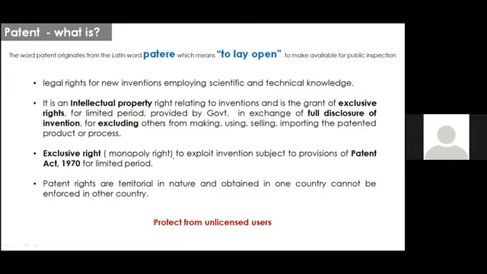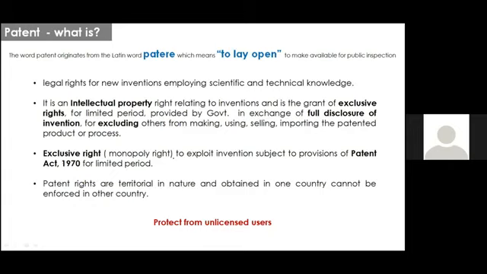So basically what it means is that it gives you a monopoly right, so that you can use your invention for the betterment of mankind, or for industrial purposes. But it has to be subject to the provisions of the Patent Act 1970, which we will see in a couple of slides. Also, the patent is for a limited period of time, so it is not for a lifetime.